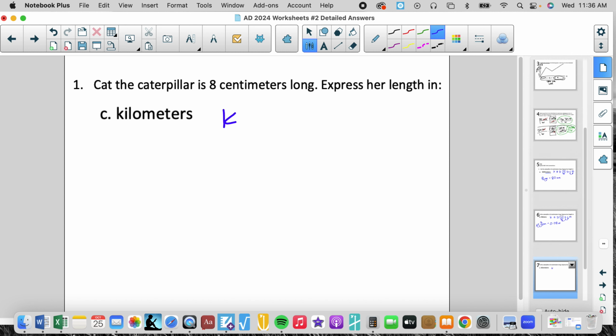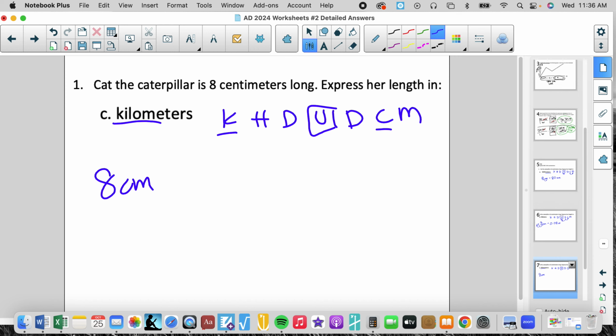Now, King Hector died, unfortunately, drinking chocolate milk. I'm starting with 8 centimeters. And this time I'm moving to kilometers. I'm way over here. So I start here. I go 1, 2, 3, 4, 5 places to the left. Did I put the unit on the last one?